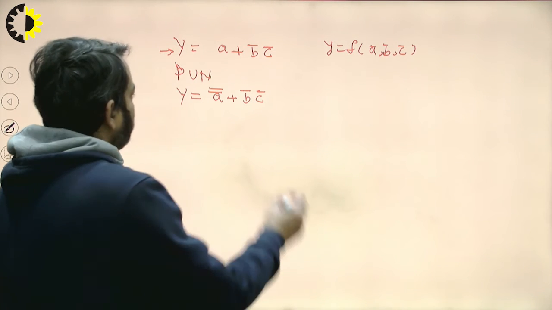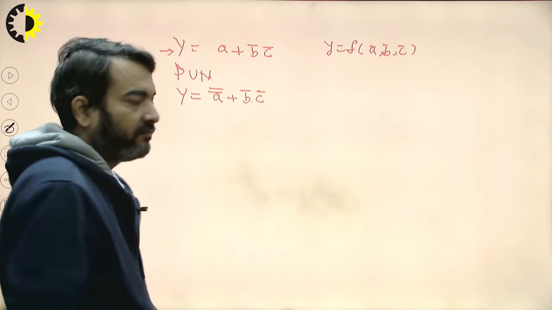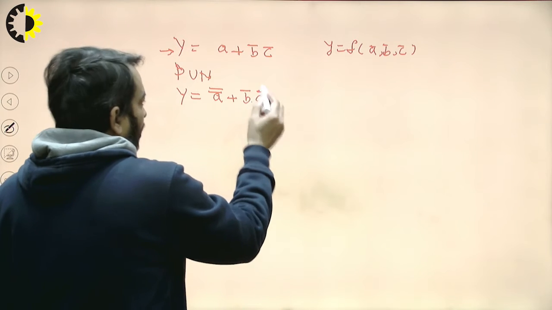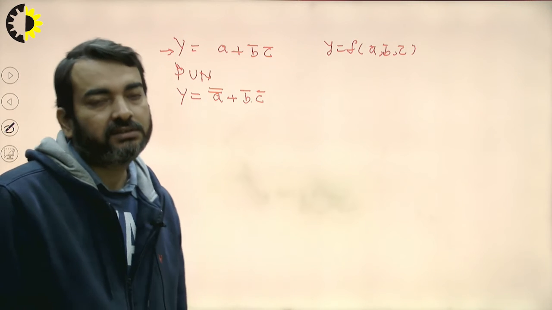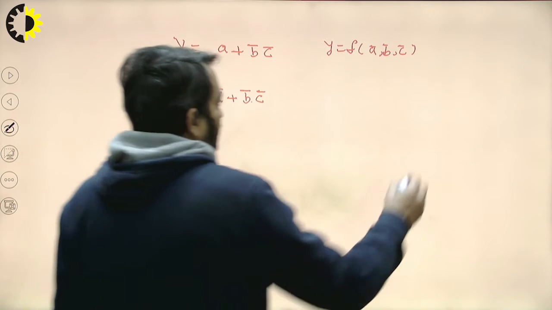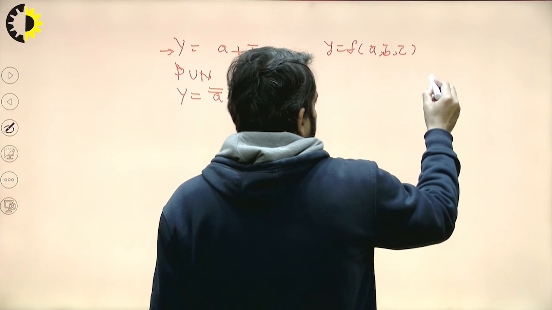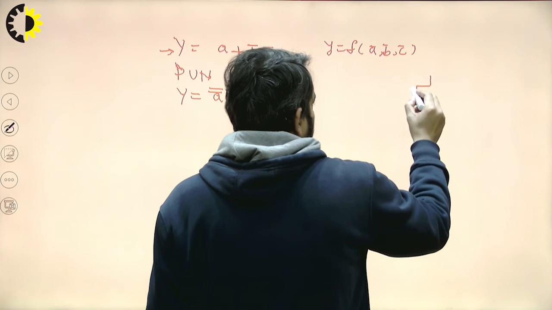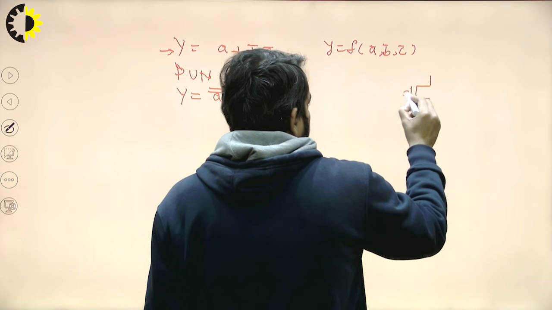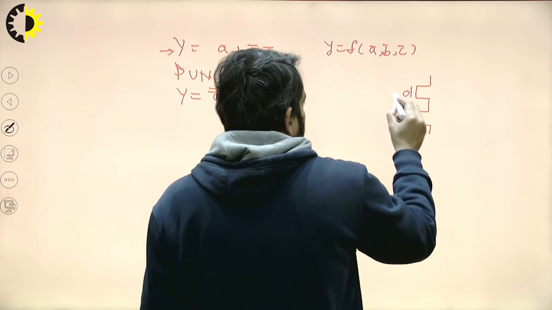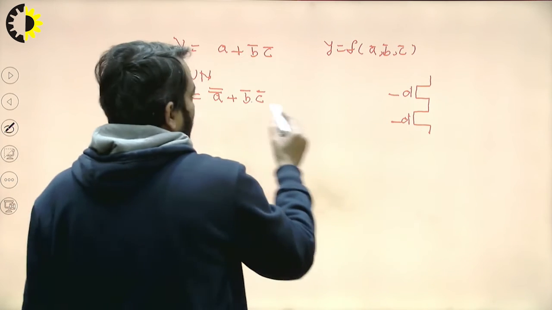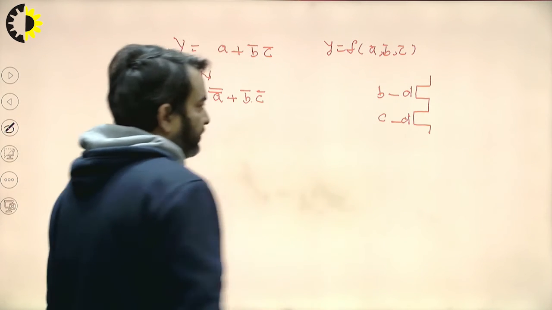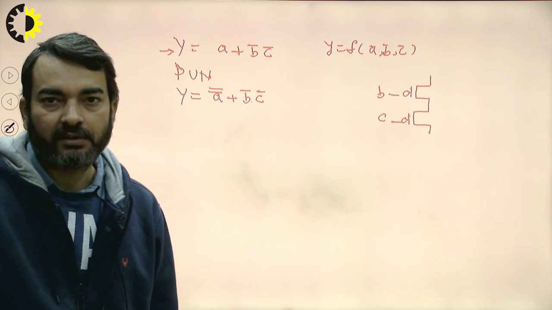So there is an ANDing. First we will realize this, b bar dot c bar. ANDing means series connection. So we will have two transistors in series. At one input we will apply B, then C. So this is one subnetwork.